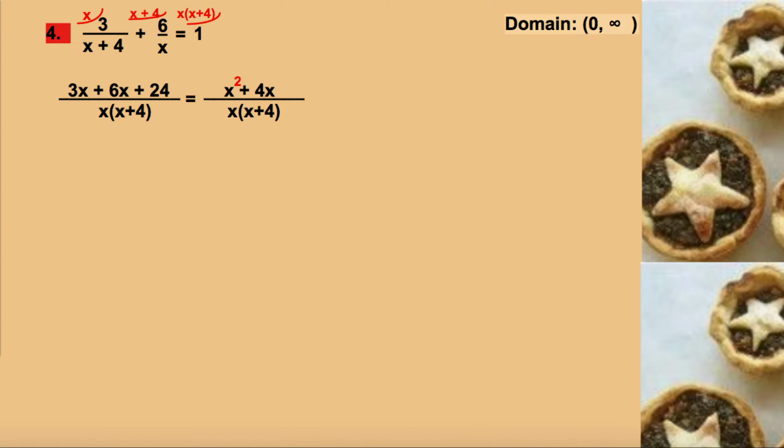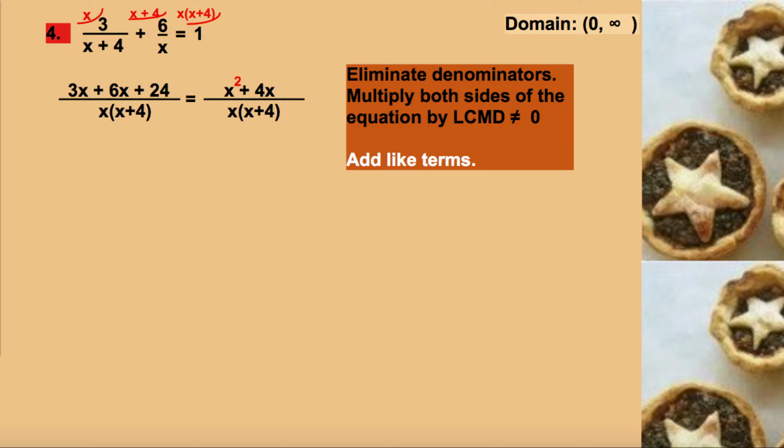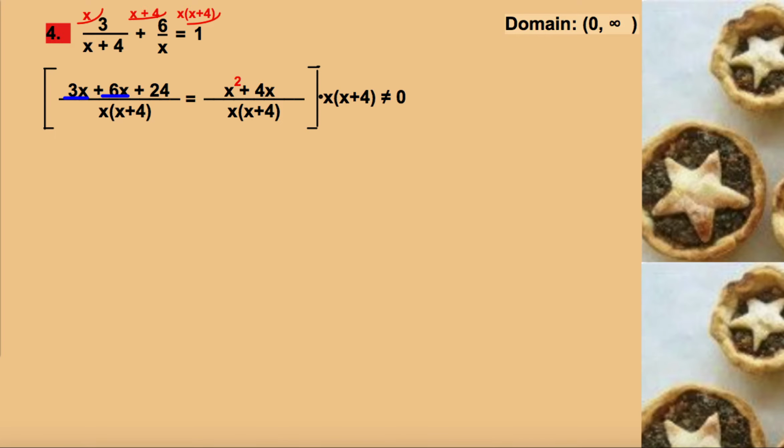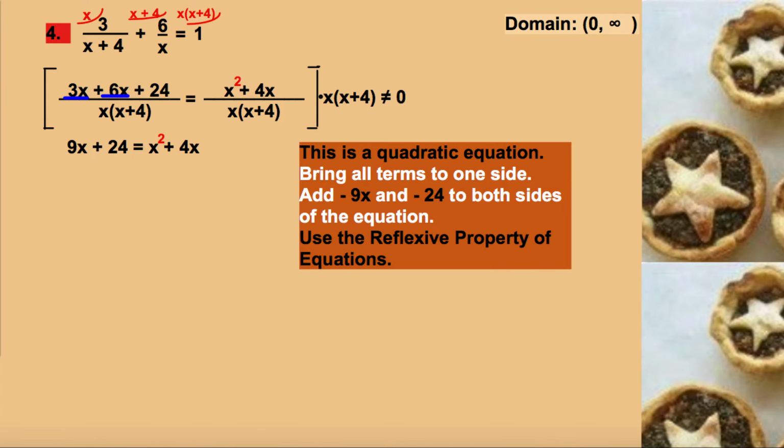The left-hand side of the equation's numerator is 3x plus 6x plus 24, and the right-hand side is x squared plus 4x. Eliminating denominators, multiplying both sides of the equation by the LCD that does not equal 0, and adding like terms, we obtain 9x plus 24 equals x squared plus 4x.